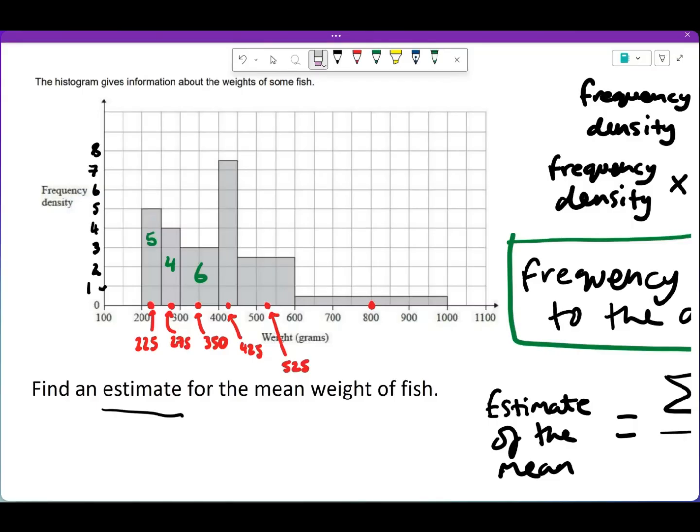So if we look at our next one, we're going 1 along. And the height, well, we assume it's the midpoint, as that's the only way we're going to be able to answer the question. And that midpoint there is 7.5. So 1 times 7.5 gives me 7.5. Then for my next bar, we have 3 going along, and our height, our frequency density, is going to be 2.5.